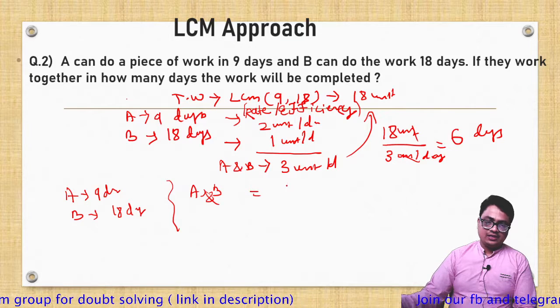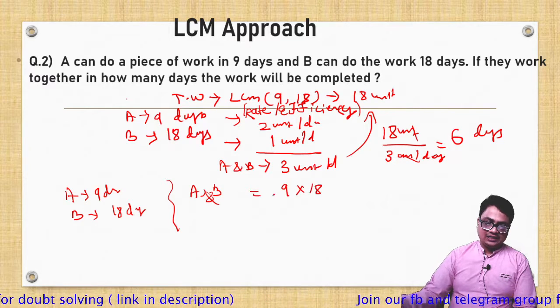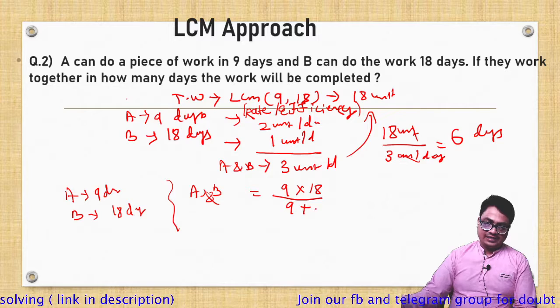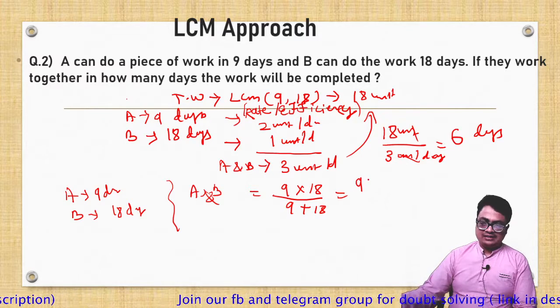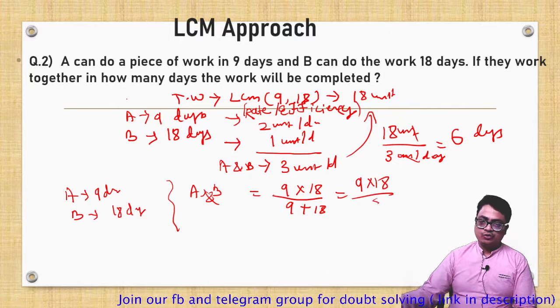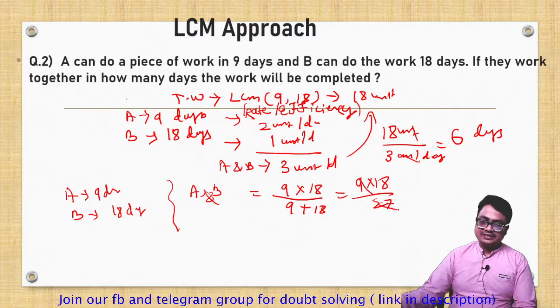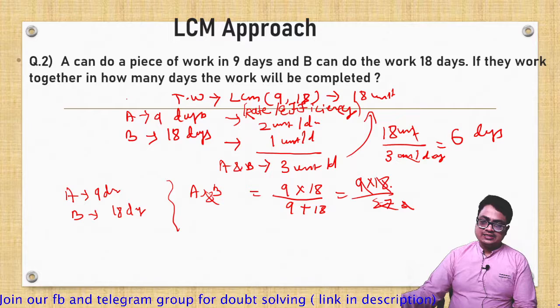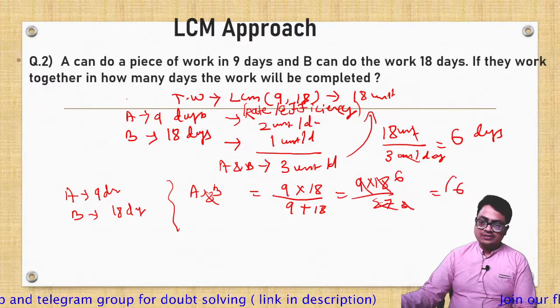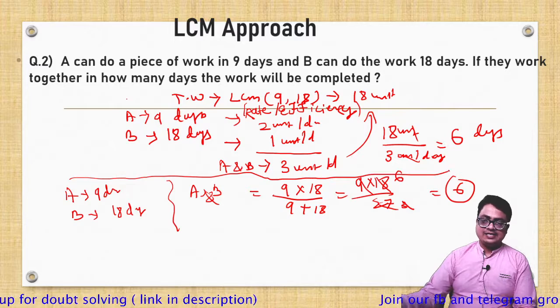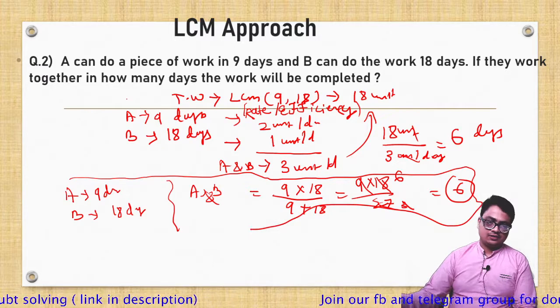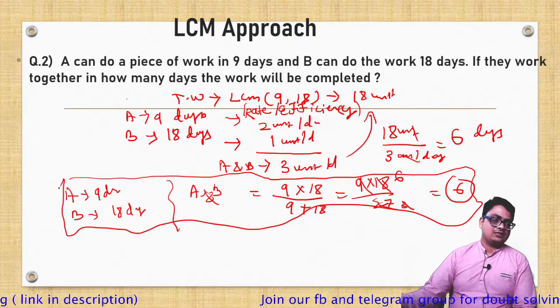It will be nothing but 9 into 18 divided by 9 plus 18. This will be 9 into 18 divided by 27. So 9 3s are 27, 3 6s are 18. So this will be 6 days. Directly you will be getting this. One liner answer.